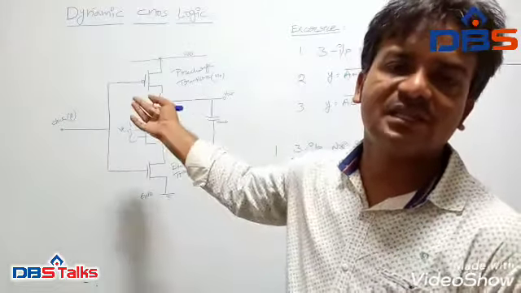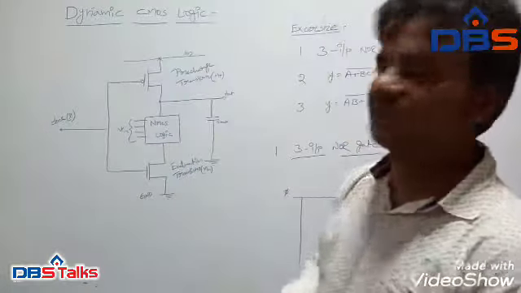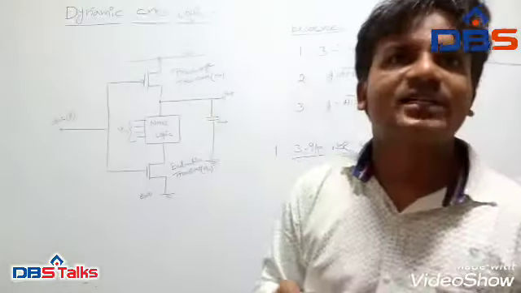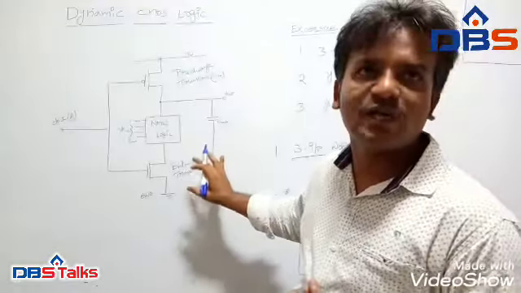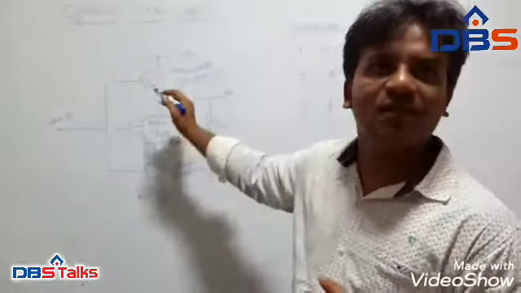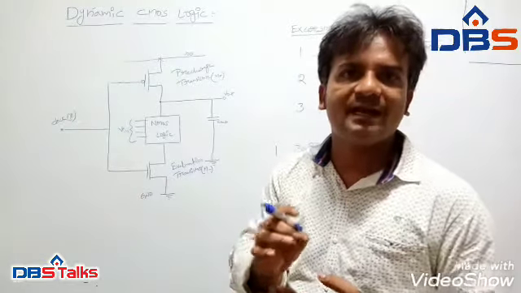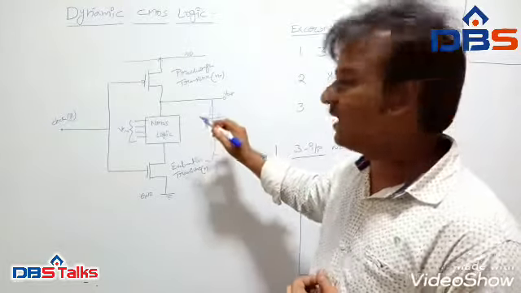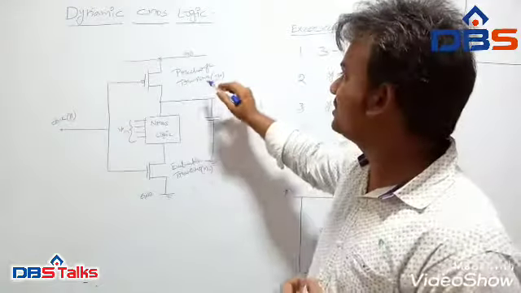One of the special circuits is dynamic CMOS logic. Dynamic CMOS logic uses charge storage and clocking properties of MOS transistors to implement the logic operations. Here the clock phi drives an NMOS evaluation transistor and a PMOS transistor, which is a pre-charge transistor.